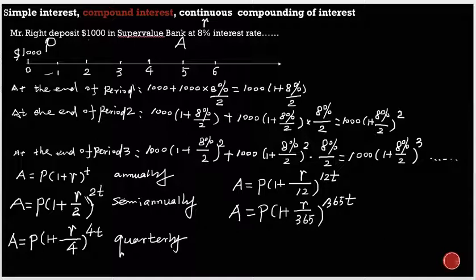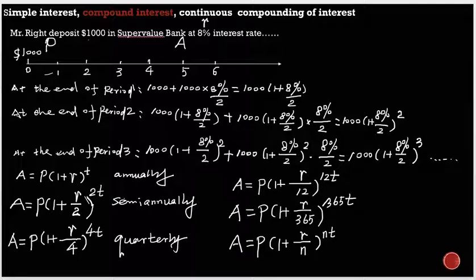Let's generalize a formula. If we compound the interest n times per year, the formula is going to be annual interest rate divided by n, where n means compounding periods per year, to the power nT.